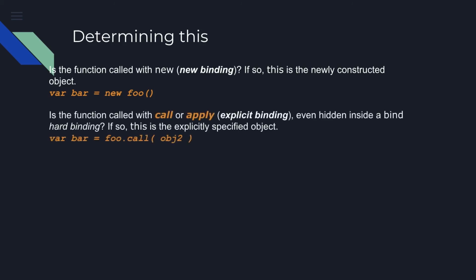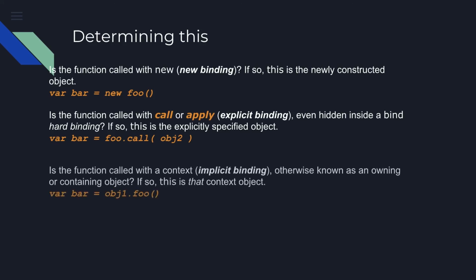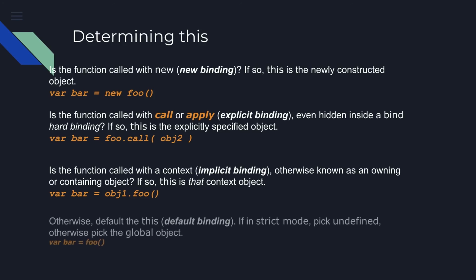If the function is called with call or apply with explicit binding, the given object obj2 is this inside the foo function. If the function is called within a context, like a property of an object, like obj.foo, then obj is this inside the foo function. Otherwise, this is the default binding.